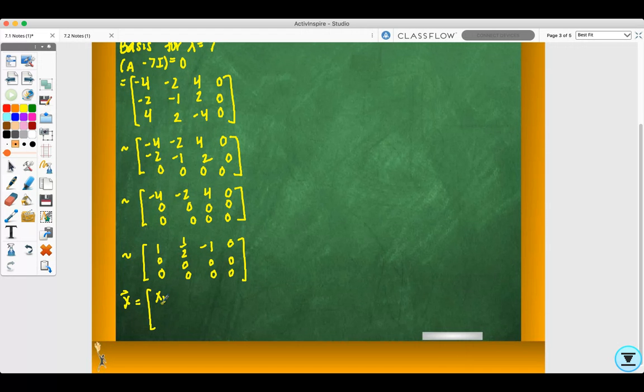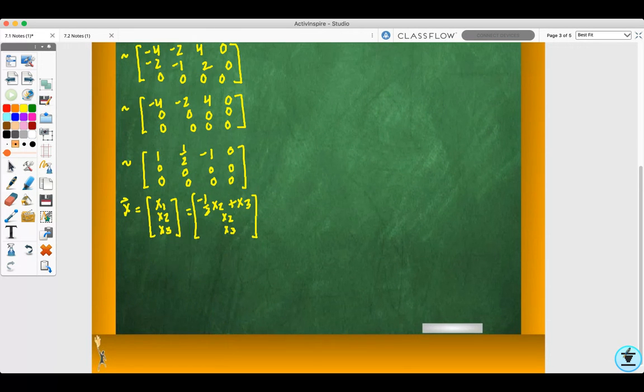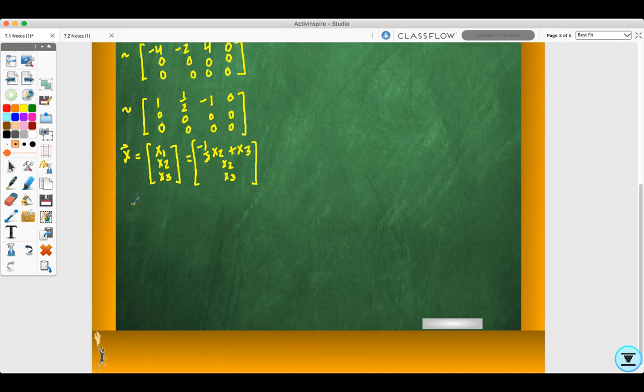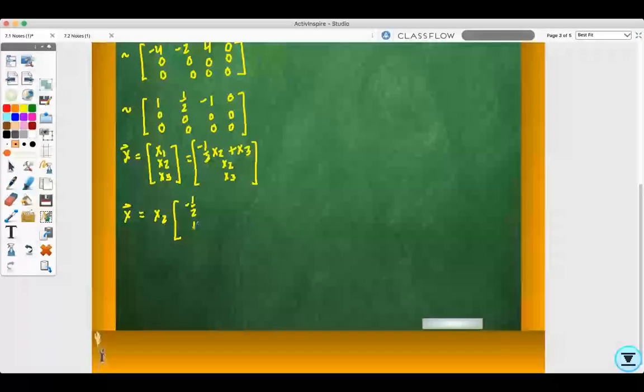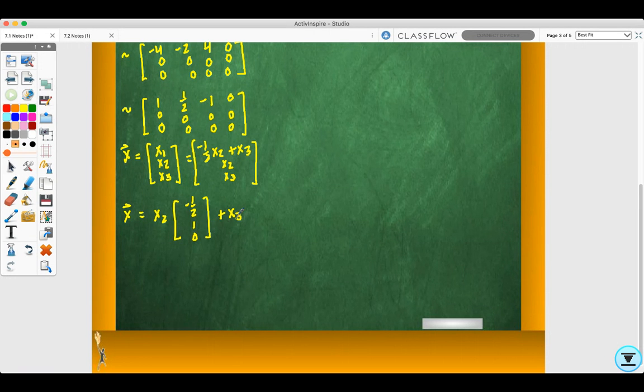So x1 would be -1/2 x2 plus x3, and then x2, x3 are free. This would be in terms of x2 and x3, and we would have x2 times (-1/2, 1, 0) plus x3 times (1, 0, 1).